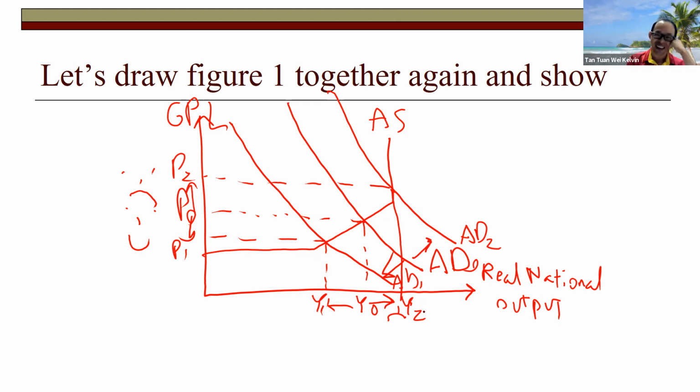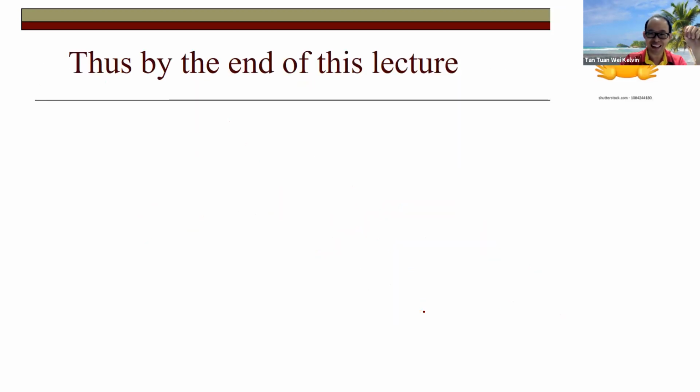So isn't this graph fun? So let me say that again, this aggregate demand, aggregate supply graph is the main workhorse graph that you'll be using. So it behooves you to make sure you can master how to draw the graph and how to shift the various curves. Okay, let's move on.